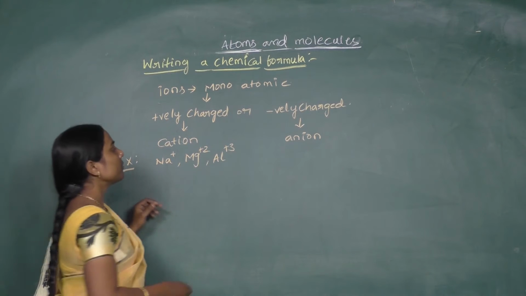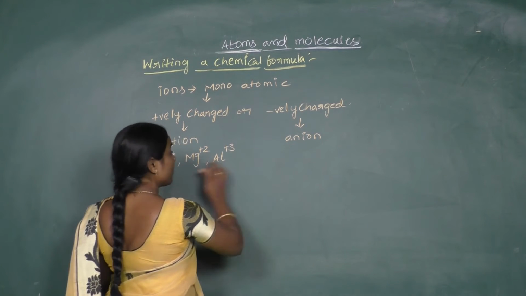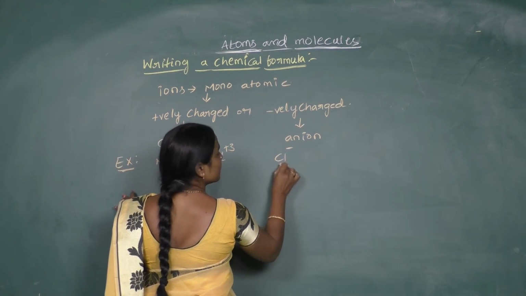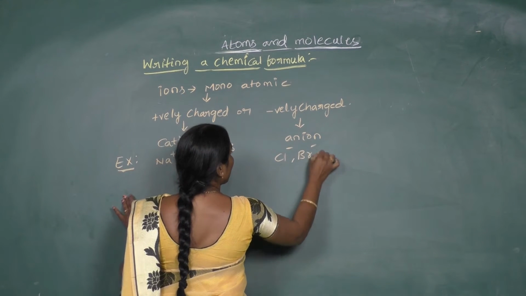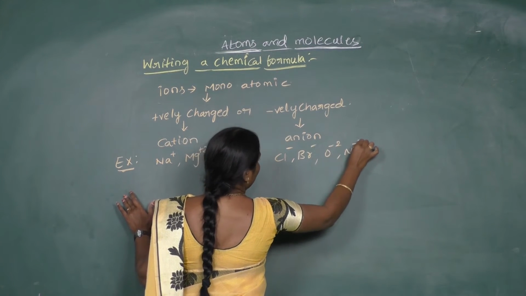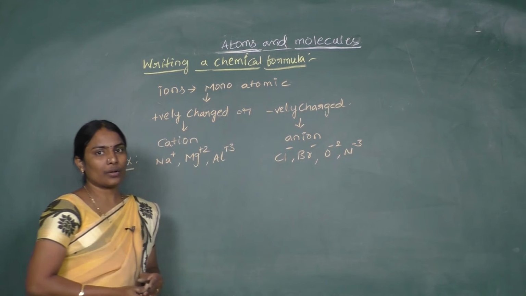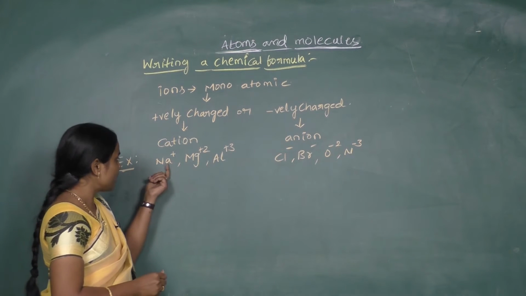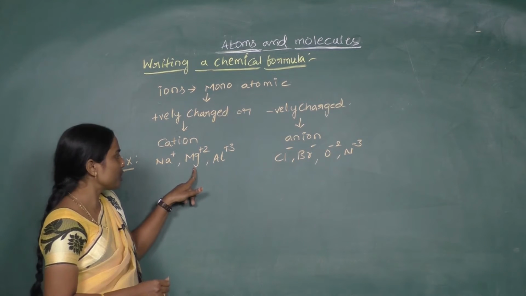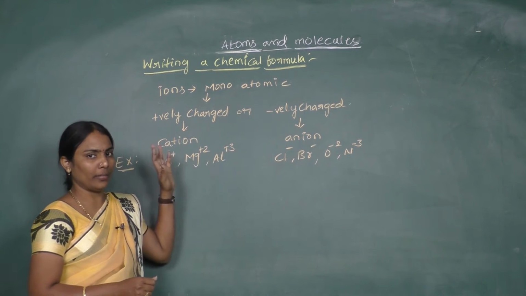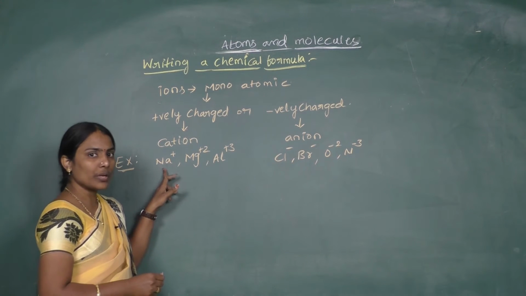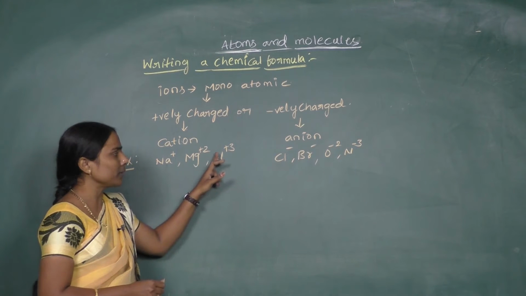Whenever we call these, we call them sodium ion, magnesium ion, aluminium ion. We just call them with their names only.